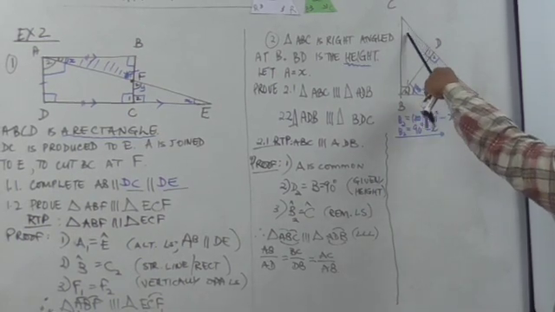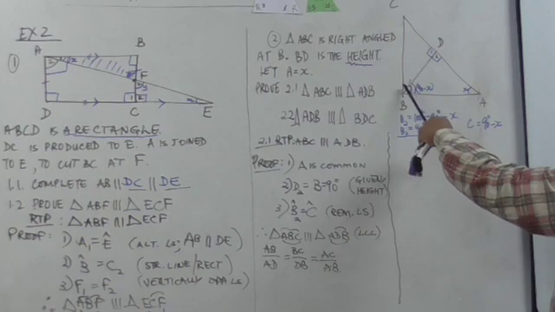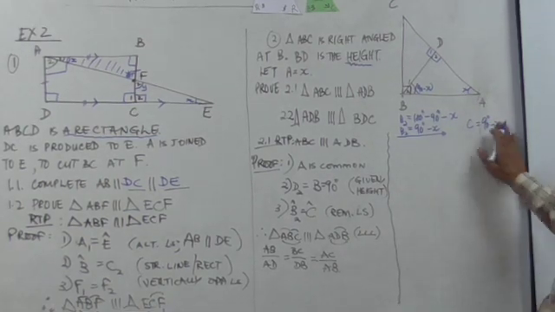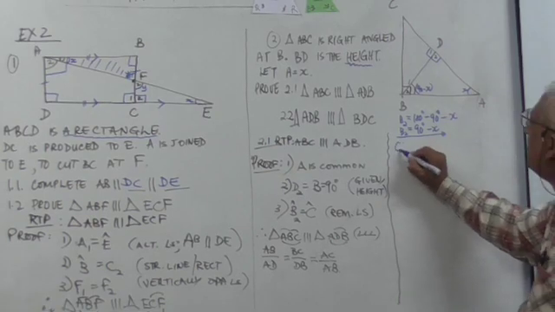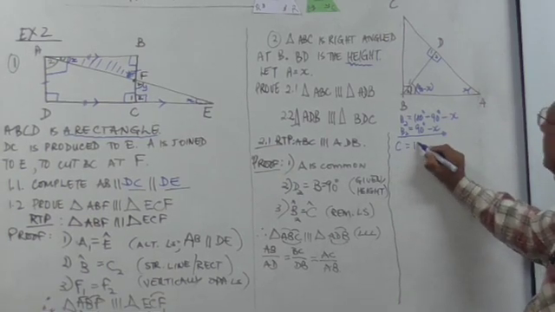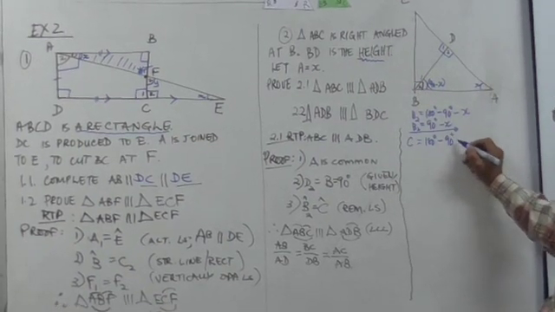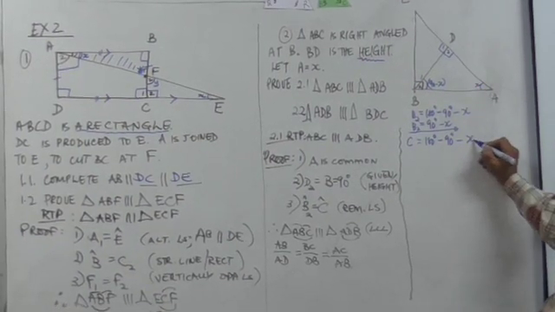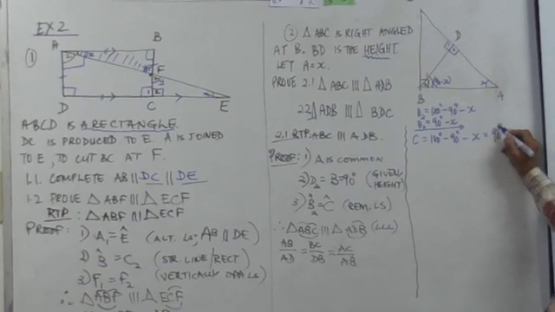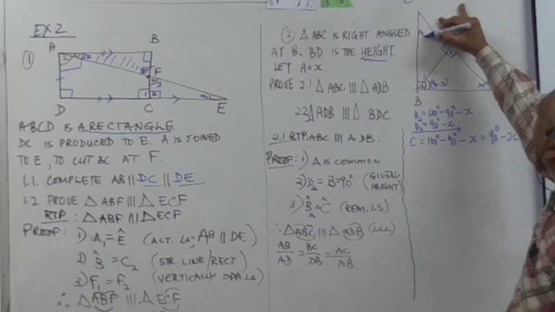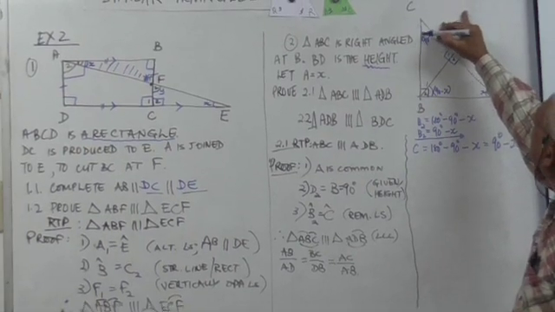Angle C is also 180 minus 90 minus X. Let me just show it to you step by step so you'll believe me. C is equal to 180 degrees minus this 90 minus that X, which is equal to 90 degrees minus X. So C is also 90 degrees minus X.